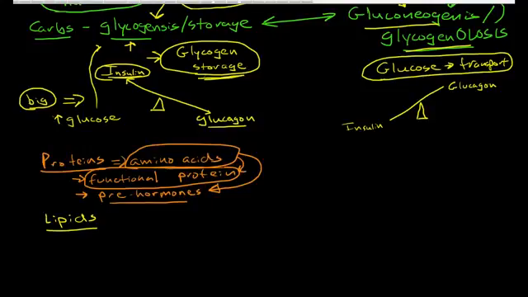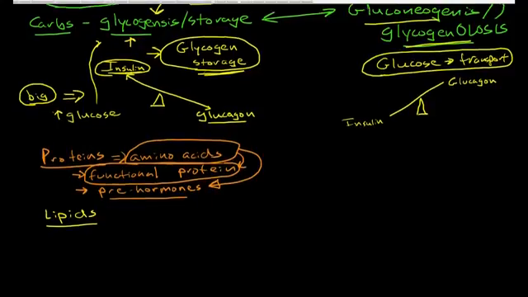With lipids, the liver has a very important role. Now, interestingly enough, all of the water-soluble nutrients, that includes carbohydrates and proteins, are absorbed into the bloodstream, into the portal system, and go directly to the liver. The lipids, on the other hand, are not absorbed into the bloodstream.